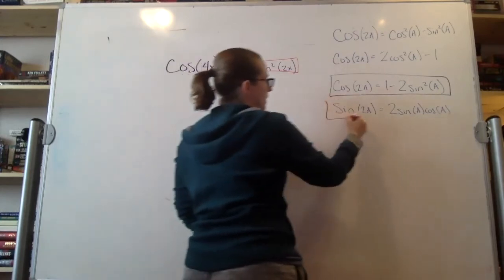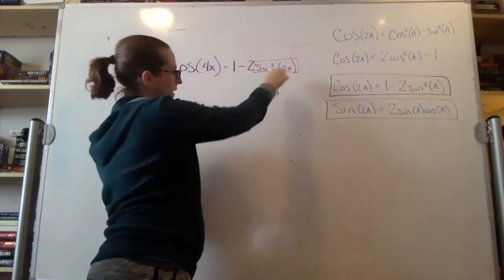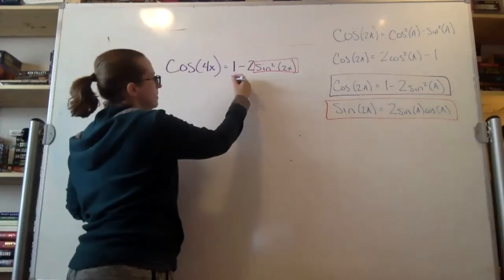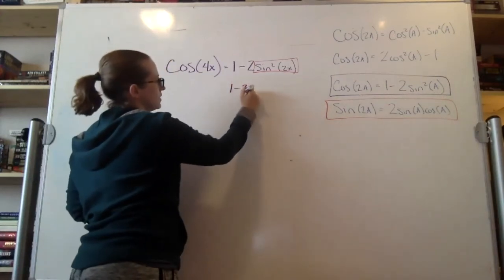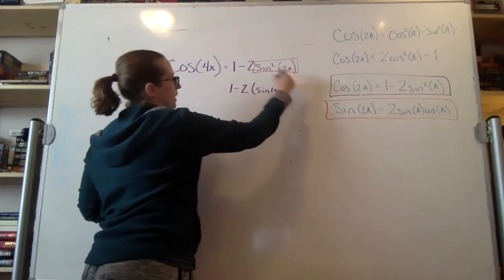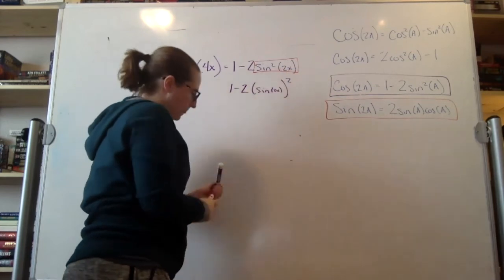Well, the only one that is going to let me reduce a sine of 2a or 2x is going to be this guy. If it's helpful for you at this point, you may want to think of this as 1 minus 2 times sine of 2x squared. Remember, sine squared of 2x and sine of 2x squared say the same thing. Okay?